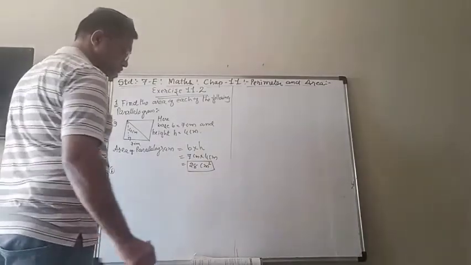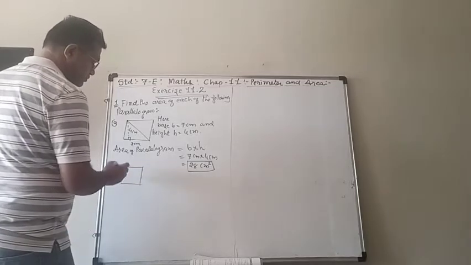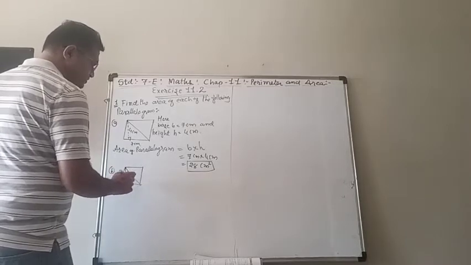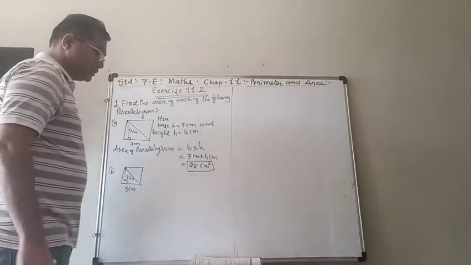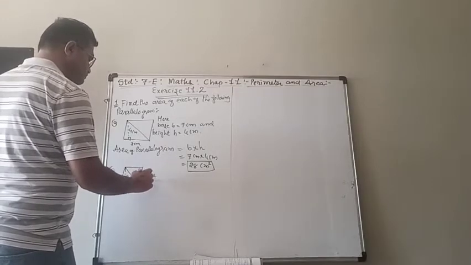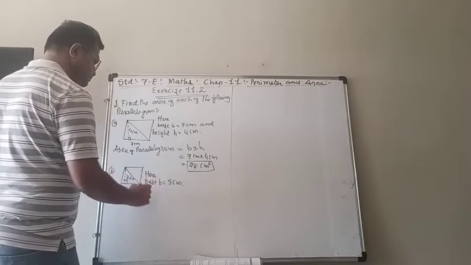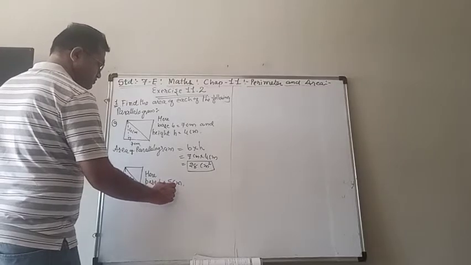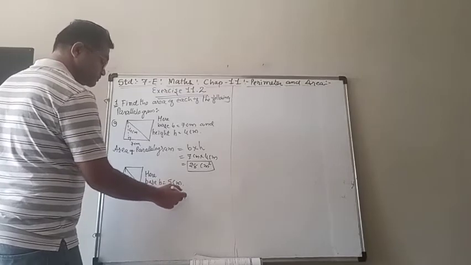Second one. The height is given 3 centimeter. Base is given 5 centimeter. The same thing here. Base B is equal to 5 centimeter and height H is 3 centimeter.